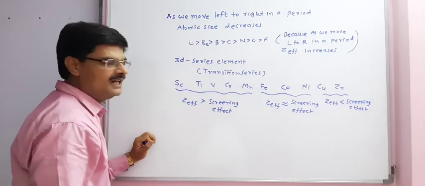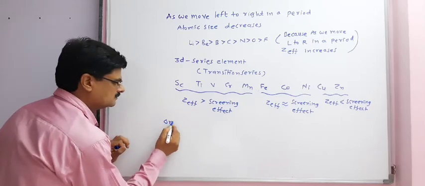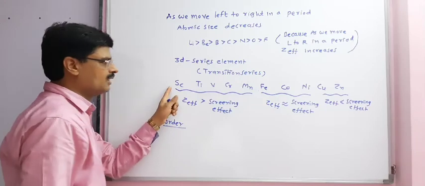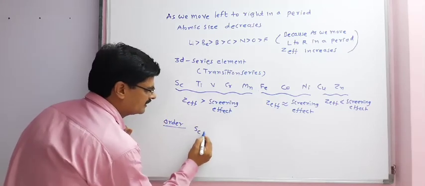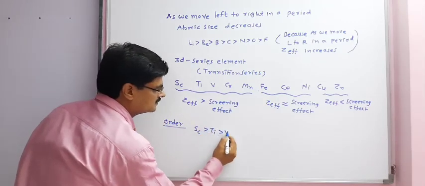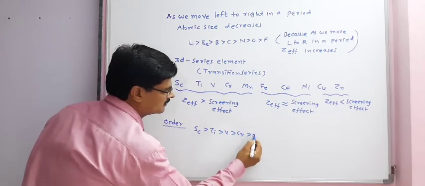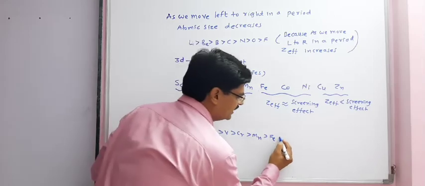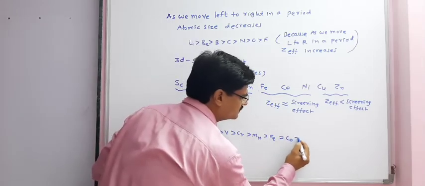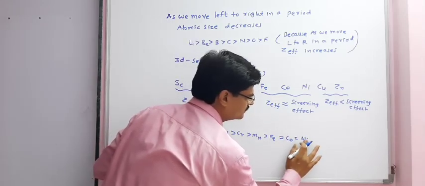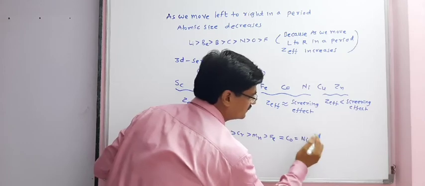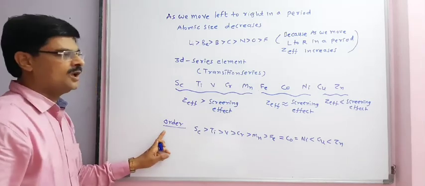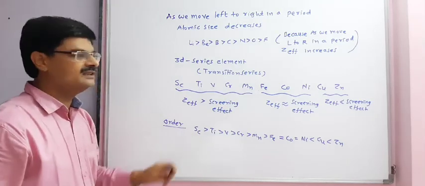Therefore, covalent radius order for these elements can be written as Fe, Co, Ni nearly equal. So this is the order for elements present in 3d series.